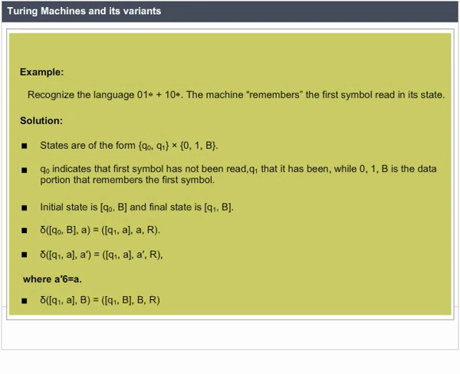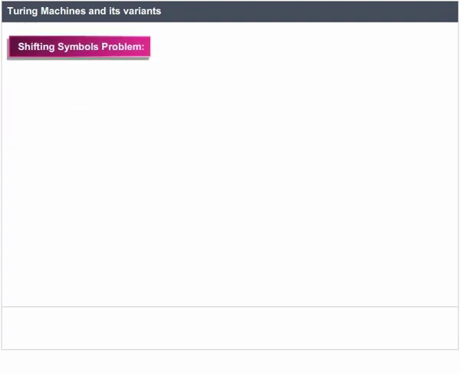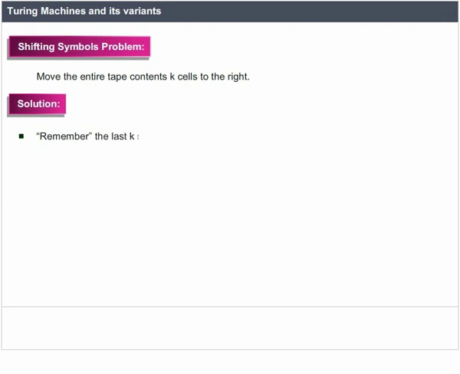Shifting symbols problem. Solution. Remember the last k symbols in the finite control. States are [q, A1 ... Ak].